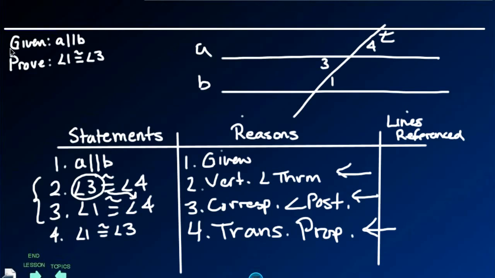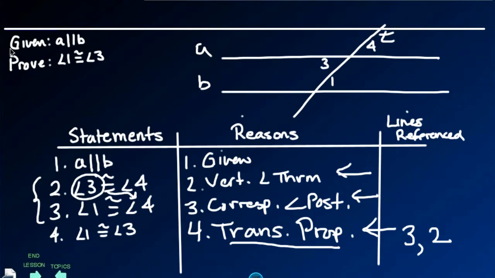So those would be lines in the proof that I'm referencing when I'm using the transitive property. So I'm using line 3 and I'm using line 2 in order to apply the transitive property. So that last column is used to identify which lines in my proof I'm using as reasons for making the statement that I'm making.